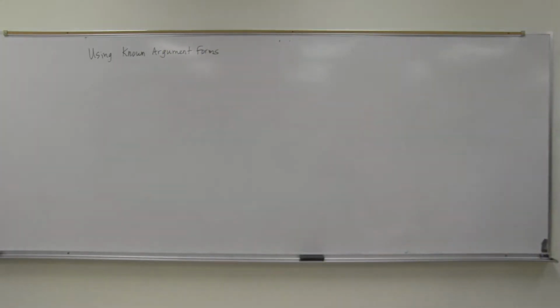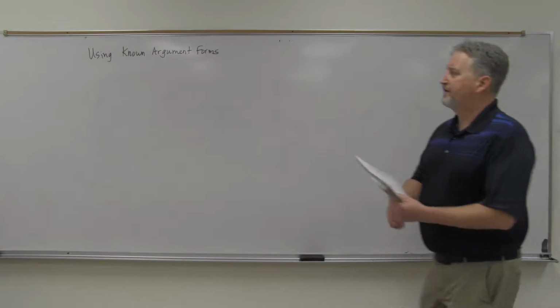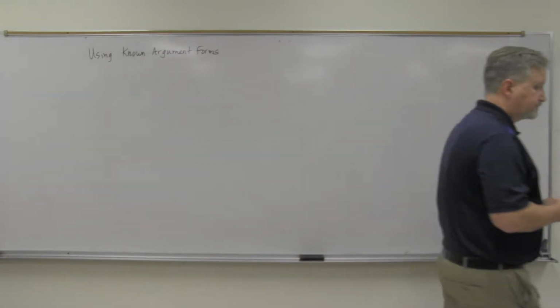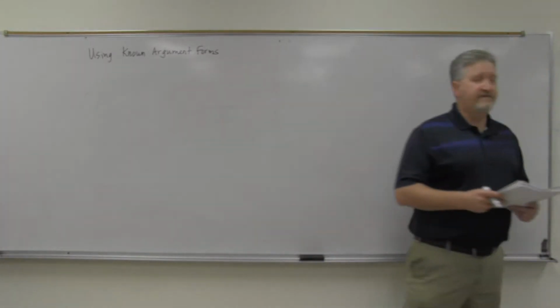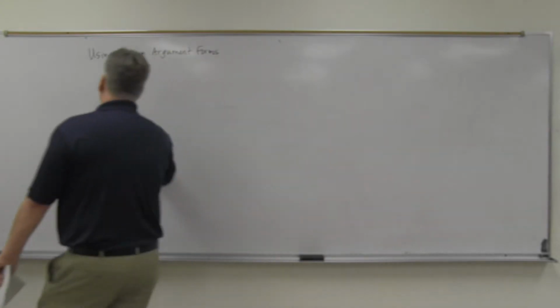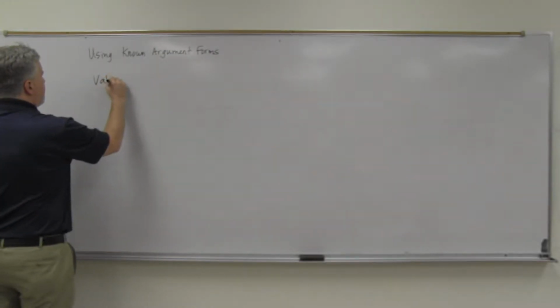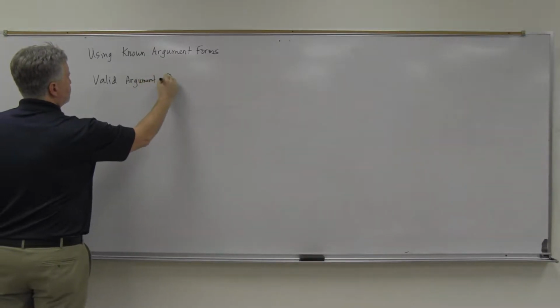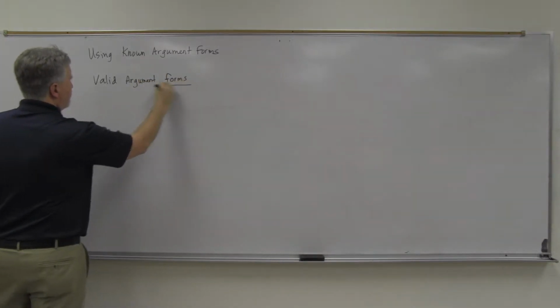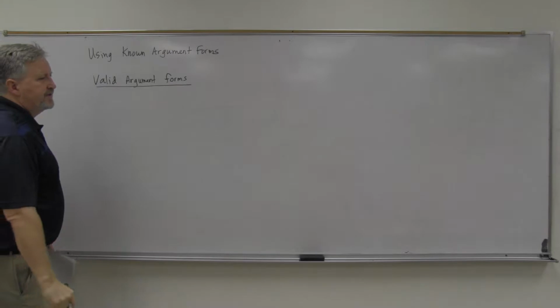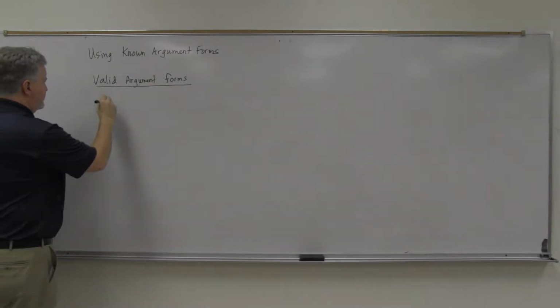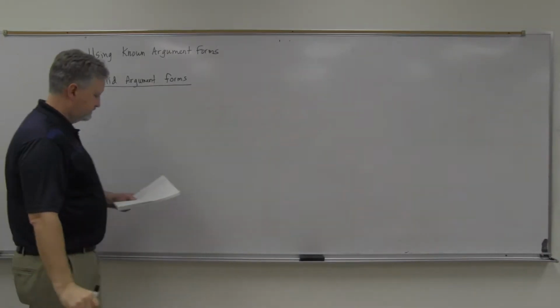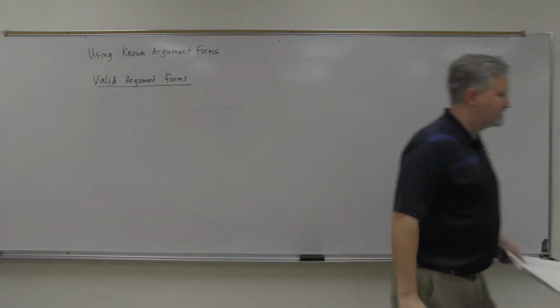Six different forms. But it starts off with the valid argument forms. There are going to be four of these valid argument forms. It starts with what the book calls Modus Ponens.